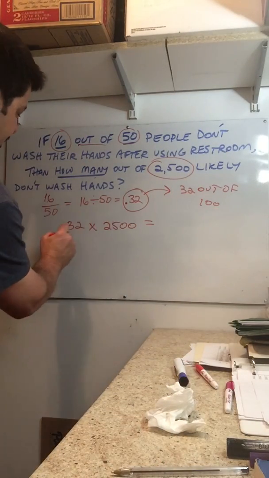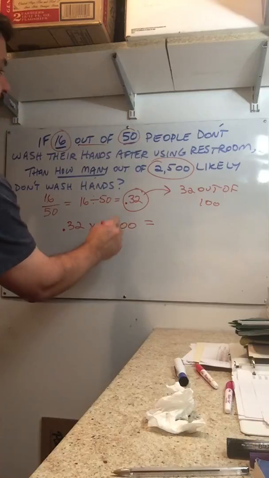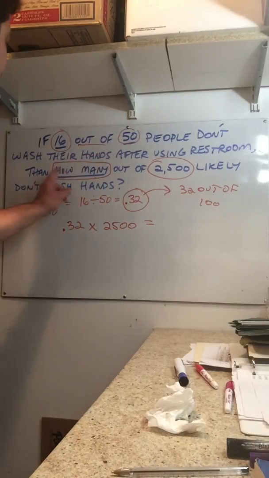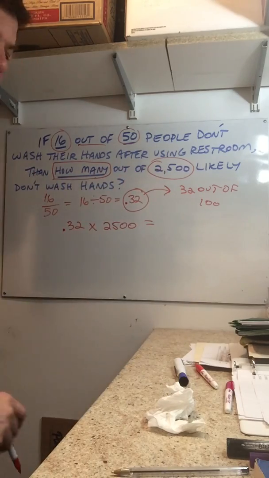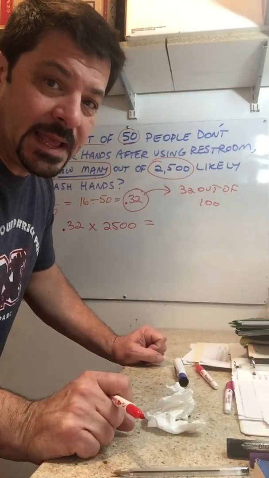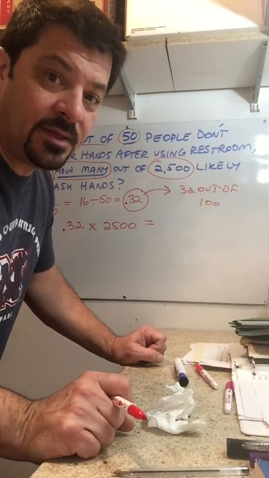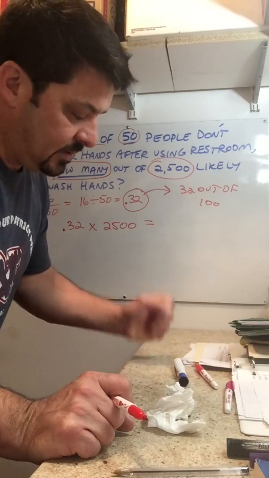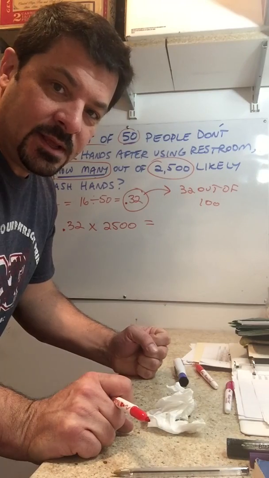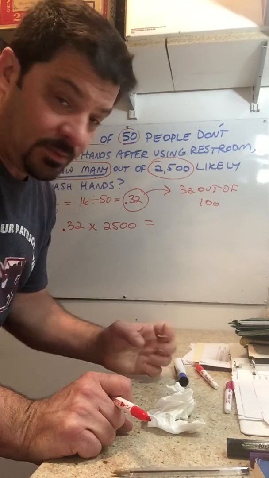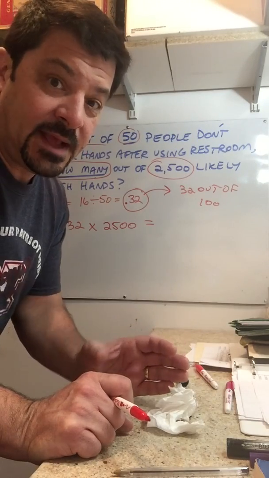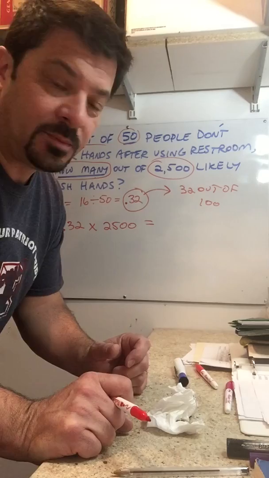Now we're going to use this 0.32, and we're going to multiply it, because this is saying how many. Whenever we see this how many out of something, it's probably asking us to use a percentage and a number to find another number. Let me repeat that. If we're given a ratio or a percentage, and we're also given a number along with that percentage, and asked how much or how many, we're multiplying after that point.